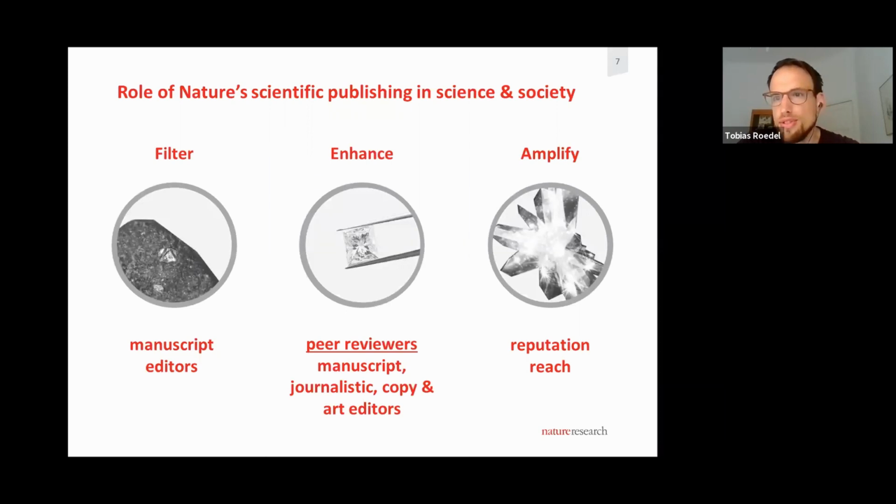And then, of course, there are all the different editors working on the paper to make it better as well. And when you publish with us, the results are amplified, because our reputation makes sure that many researchers and many media outlets are looking at what is published at Nature. And by this, you have the best reach for the results possible.